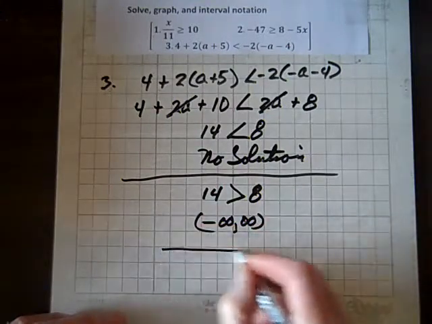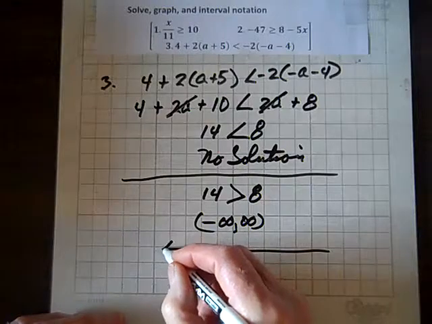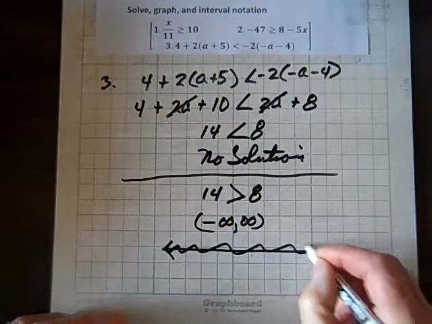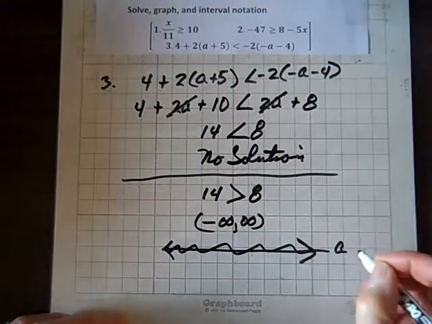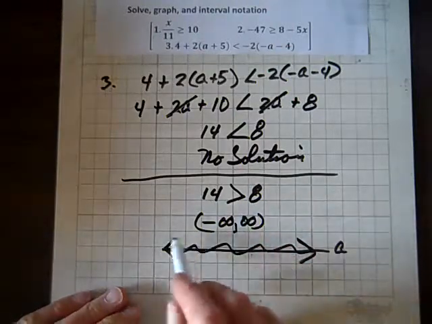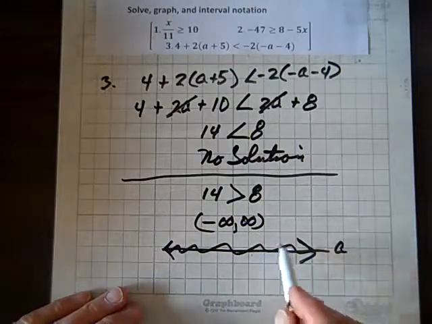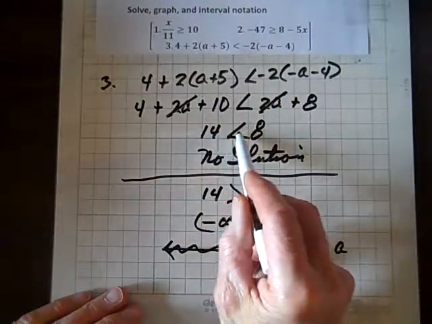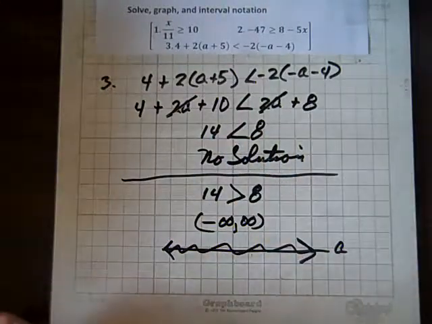And if we were to graph it, we'd wind up graphing the whole number line. You see, a was the variable. Anyhow, this is not the case, but what if it was? But since we have an impossible situation, no solution. And we're done.